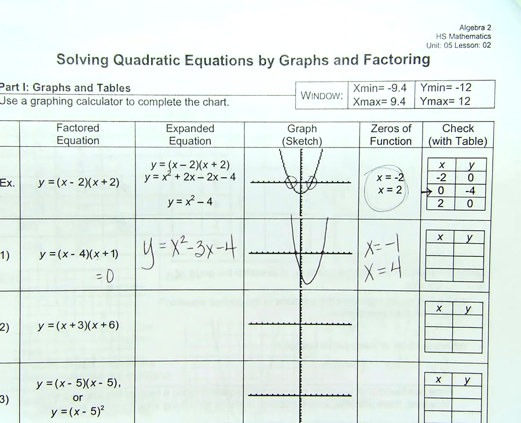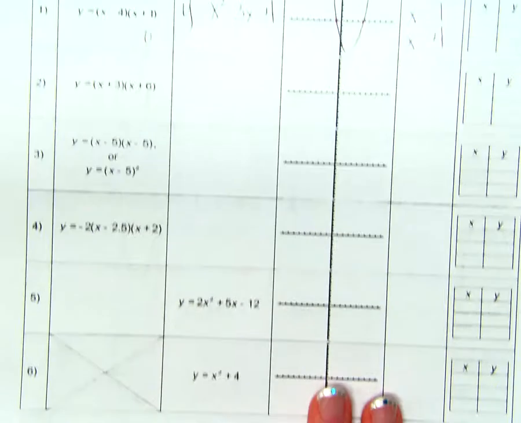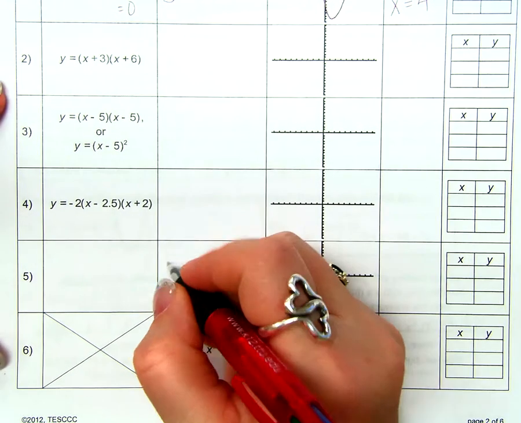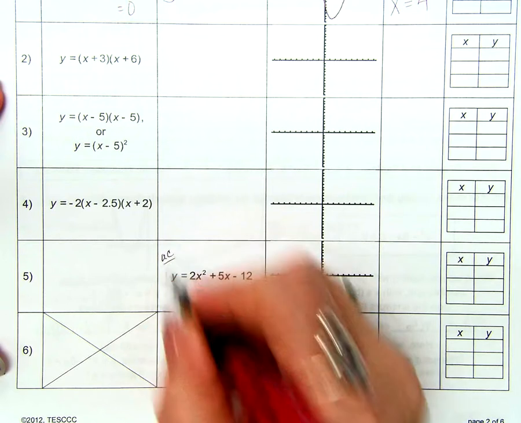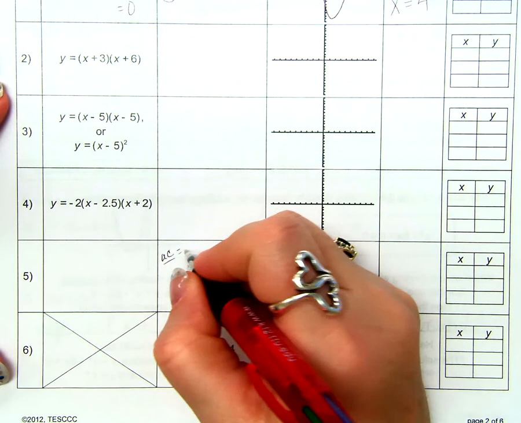Actually, let's do it right now, because we're on the topic. Look at number 5. Ooh, number 5's different. It gives me the expanded equation and wants the factored equation. So what do I have to do? Factor it, right? How do I factor this equation? Well, I got to find AC. What's AC? -24.